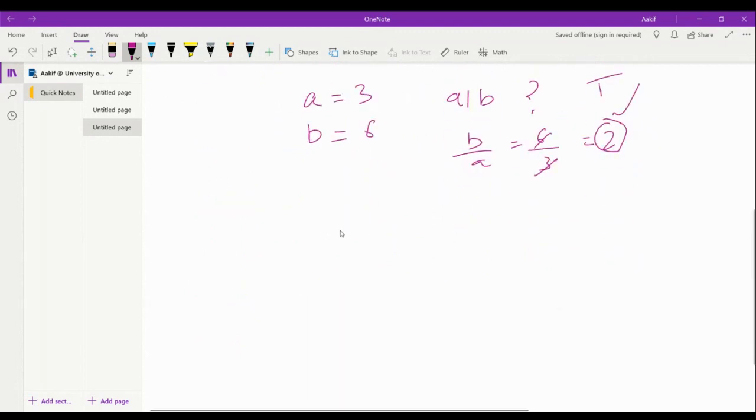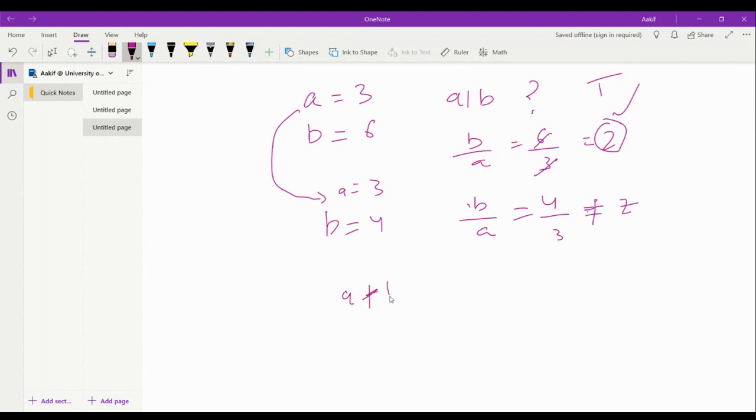Now, if we have another case where B is equal to 4 and A is 3, then B by A is 4 by 3, and it does not give us any integer. Therefore, A does not divide B.